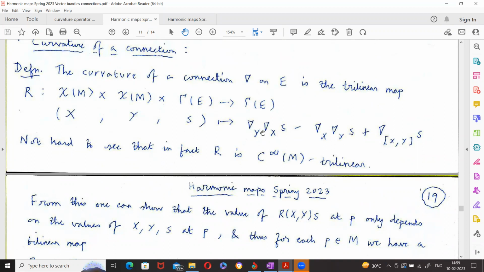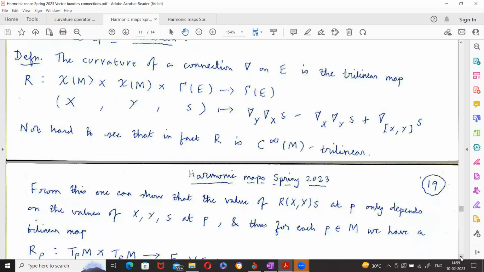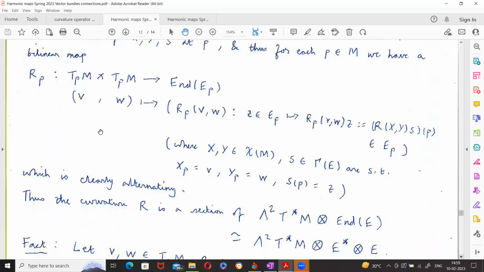R of XYS is equal to minus R of YXS, right? If I interchange X and Y, then this changes sign, right? Is that clear? Yeah, it's clear. So therefore, this bilinear map is actually an alternating bilinear map.